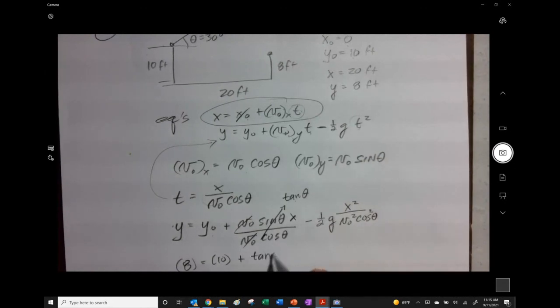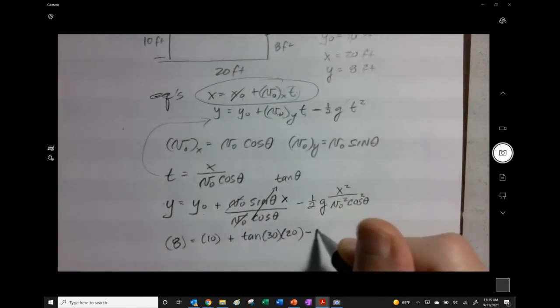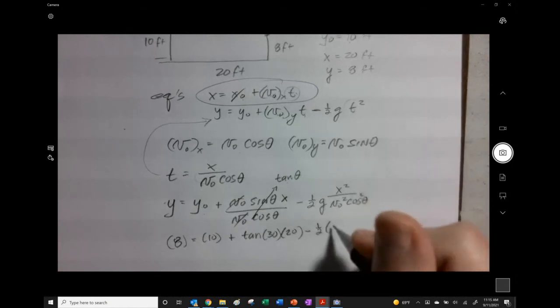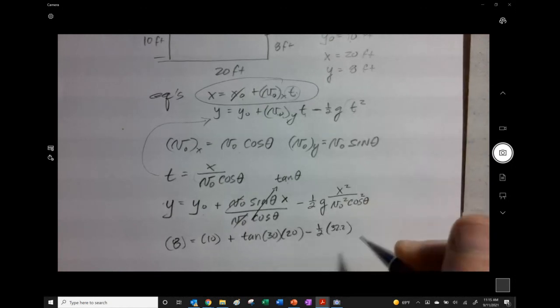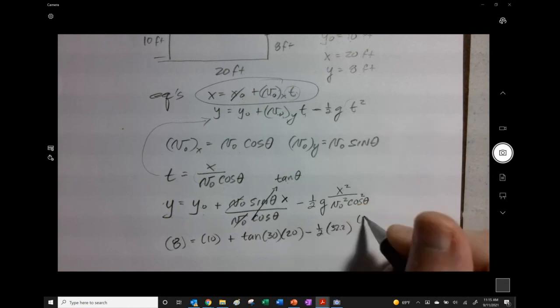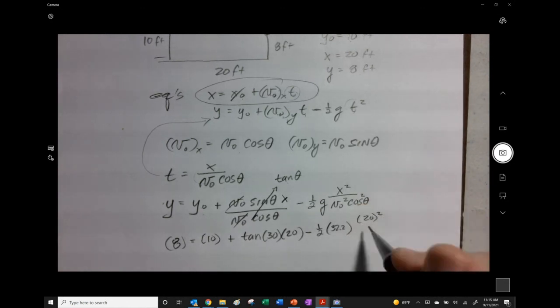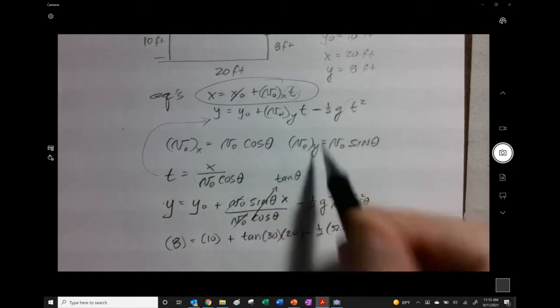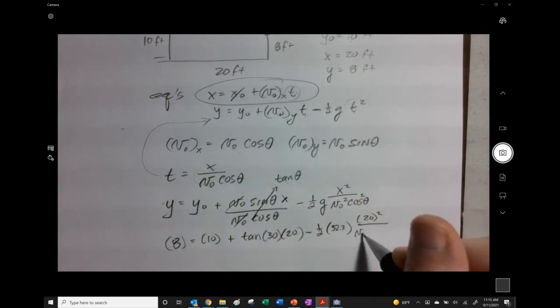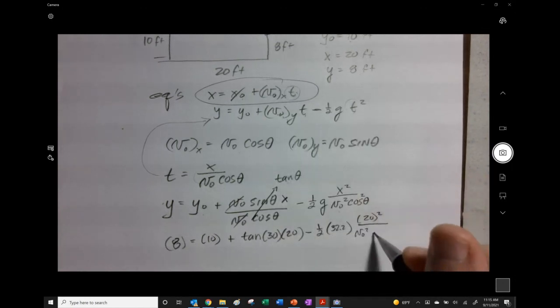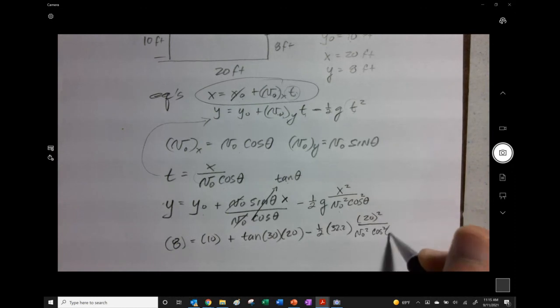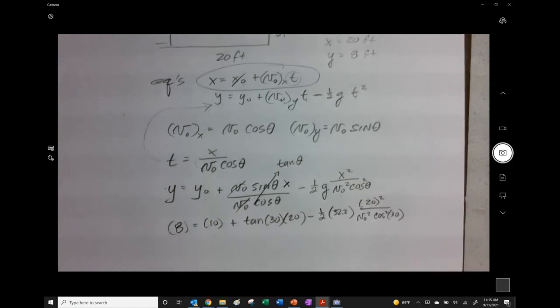Now we have tangent of 30. x is going to be 20 feet minus 1/2 times 32.2 times x, which is 20 feet, squared, divided by V0, which is what we're looking to get, and then the cosine squared of 30 degrees.